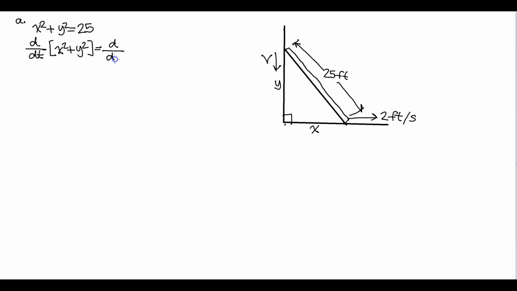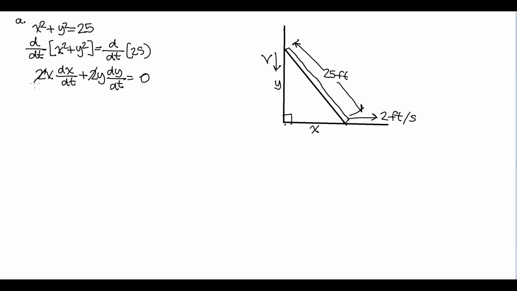Using implicit differentiation, you get 2x dx/dt plus 2y dy/dt equals 0. So you can factor out a 2 and divide it. 0 divided by 2, so the 2's will go out immediately.